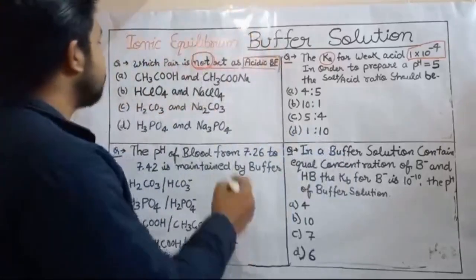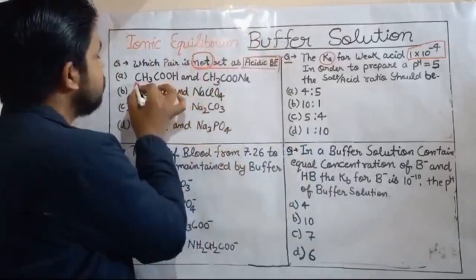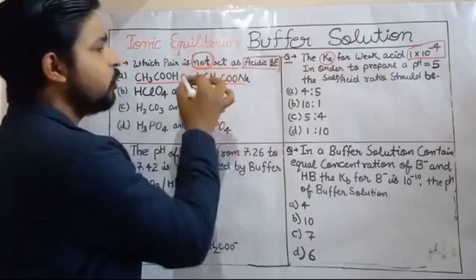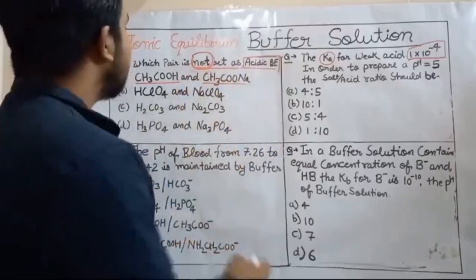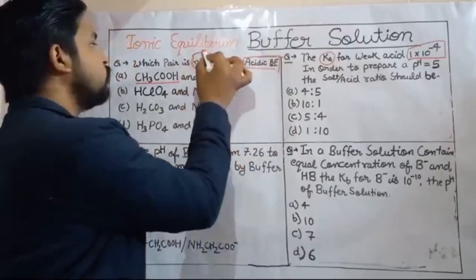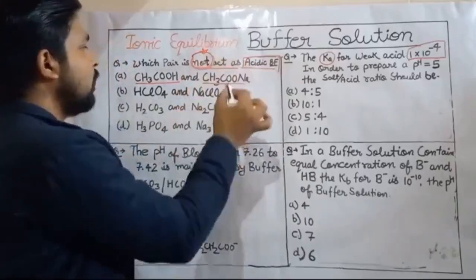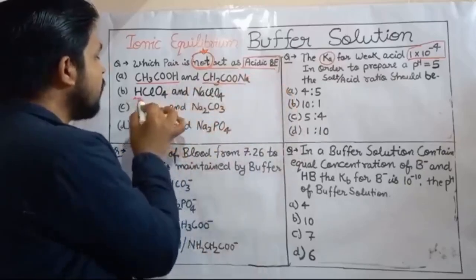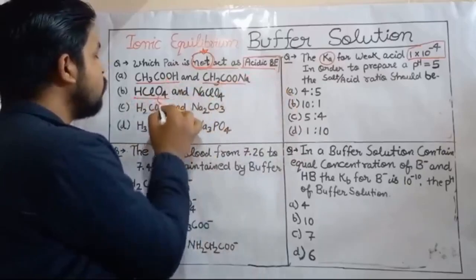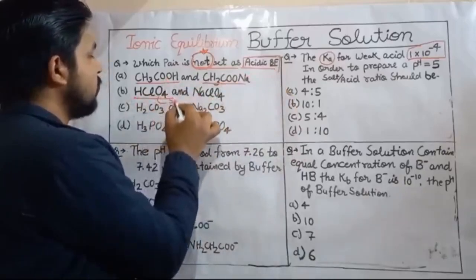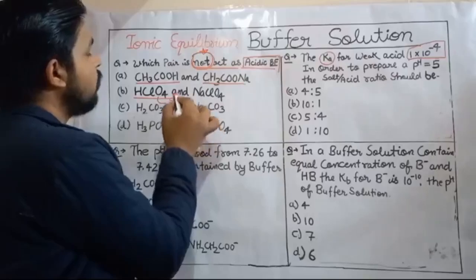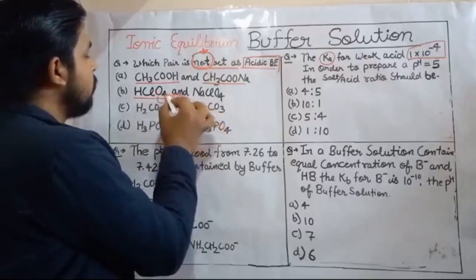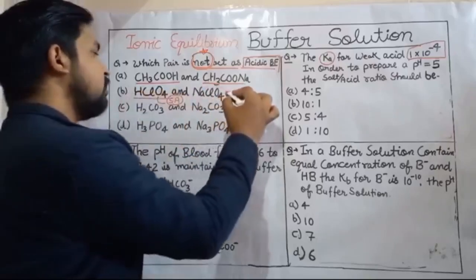The first option is CH3COOH, a weak acid, and CH3COONa, its conjugate. The second option is HClO4, and you know that HClO4 is a strong acid, so it does not fulfill the condition of an acidic buffer. So our right option is the second.